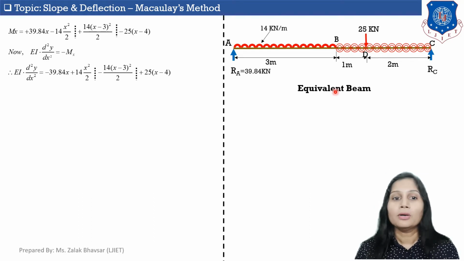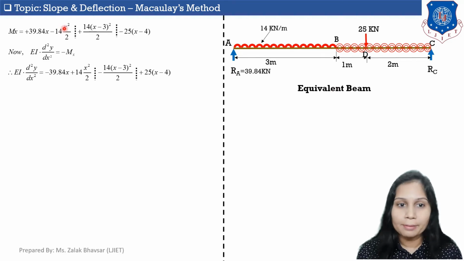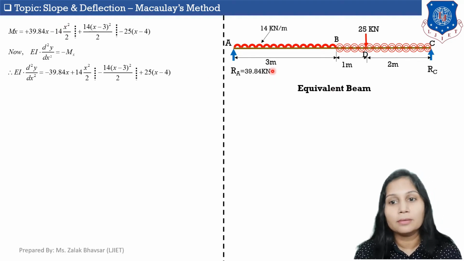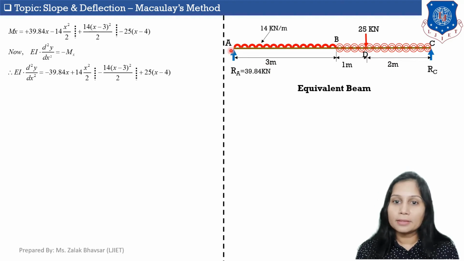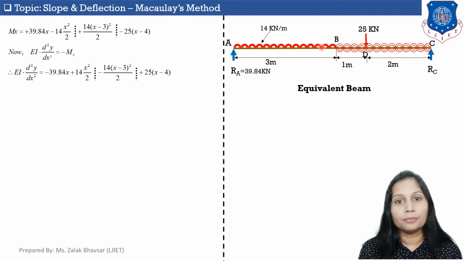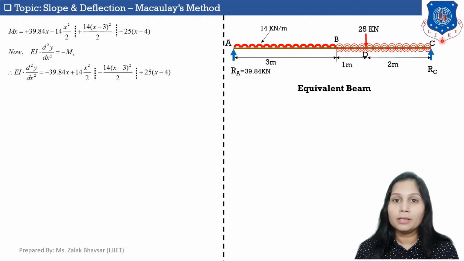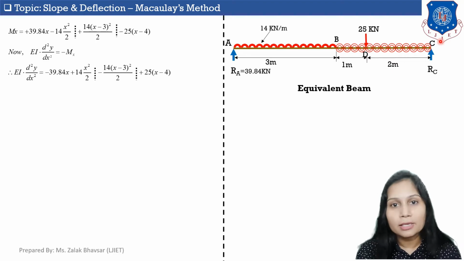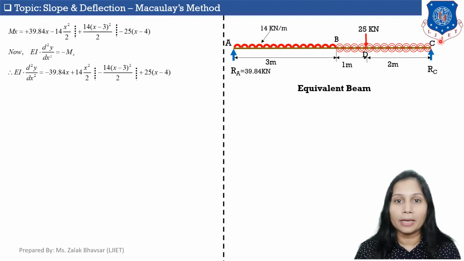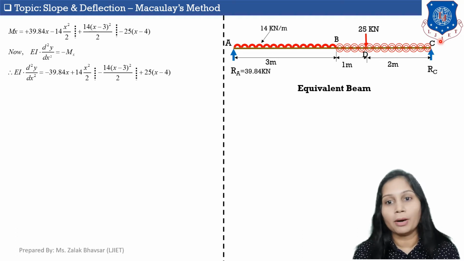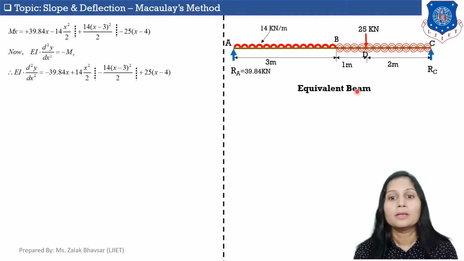Okay, so for calculation of Mx, we need to divide this equivalent beam in 3 parts. Let's take AB as the first part, BD as the second part, and DC as the third part, and we need to take a section in each part and calculate the moment about the section.